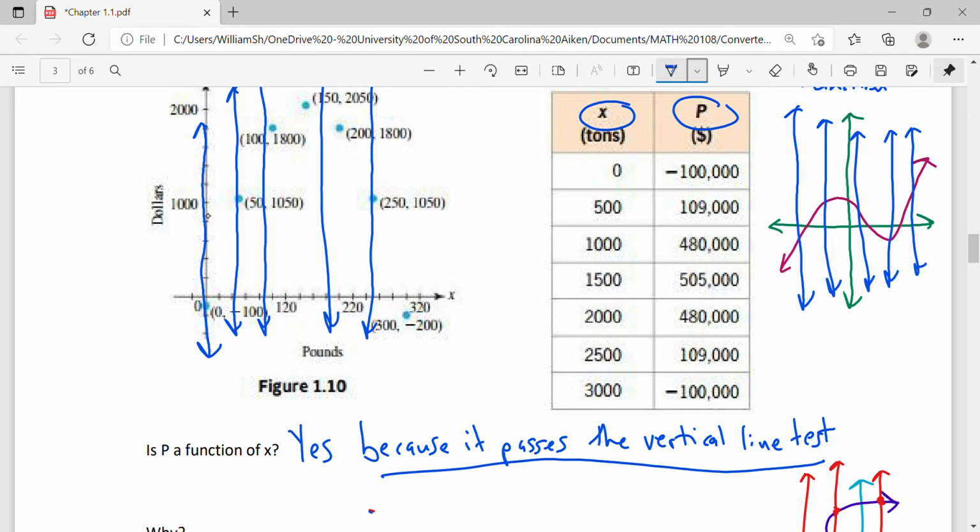Each P that we enter here has a different X. Even if we repeat that P, it doesn't go to the same X, okay? But if we go the other way, okay, listen to me. The first way we're going here, this one has an individual X. This one has an individual X. This one has an individual X. This one has an individual X. So P is a function of X because each one of these entry points has an individual X, okay?